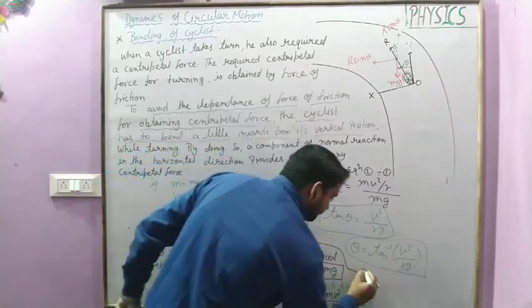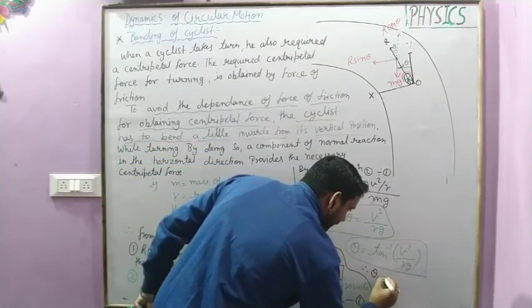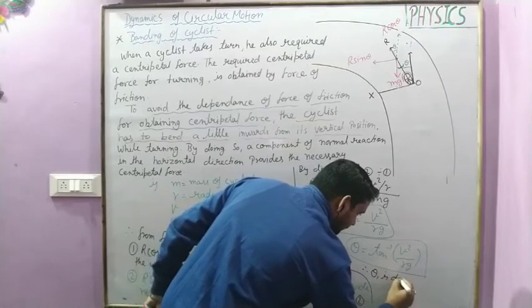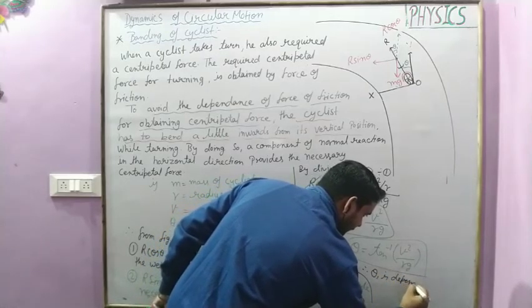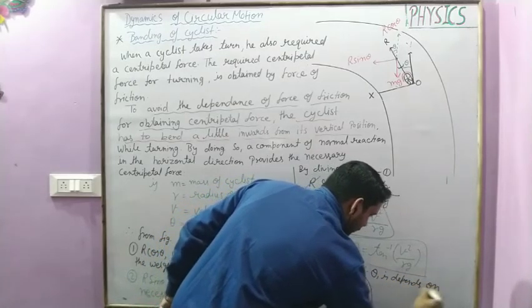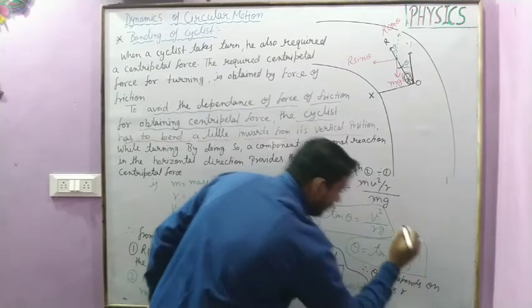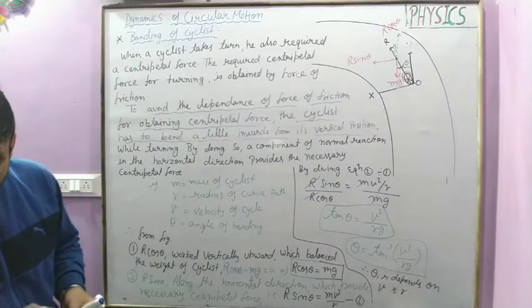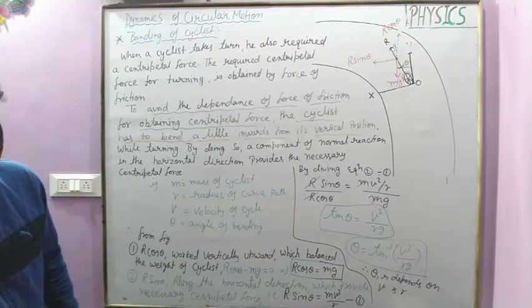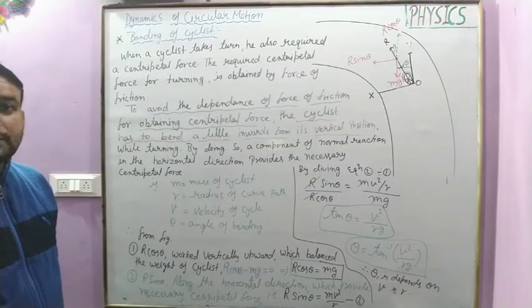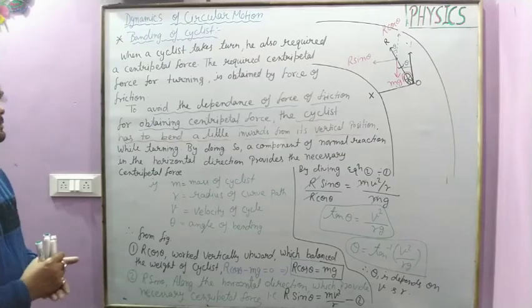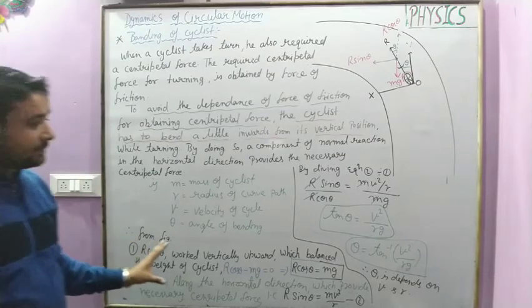Therefore, theta depends on the velocity and the radius of the circular track. Okay, note down this.